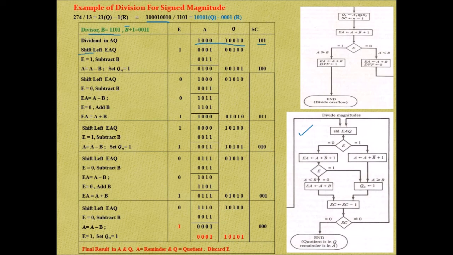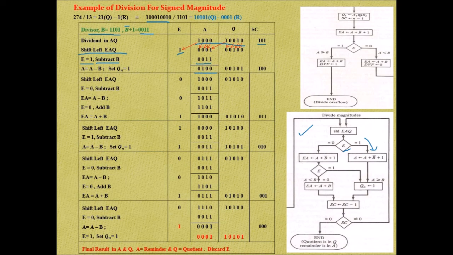So I have to perform the shift left of EAQ. In this way we can left shift all the bits in EAQ. After that we have to check the value of E. Here the value of E is equal to 1. If E is equal to 1, we have to subtract B, and the result is stored in A. Subtraction is nothing but the 2's complement addition, so I have taken the 2's complement value of B here and go for the addition.